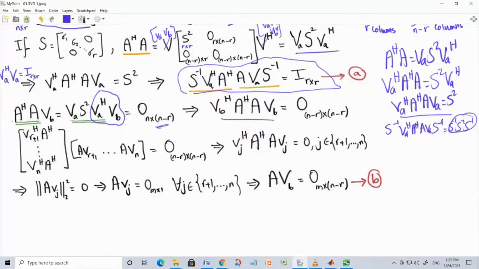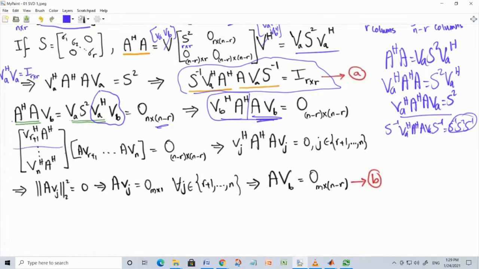Let's expand it. V_B are the columns in the original matrix V, columns V_(r+1), V_(r+2) up to V_n. And this side is the Hermitian of this side, and this is equal to the all zero matrix.